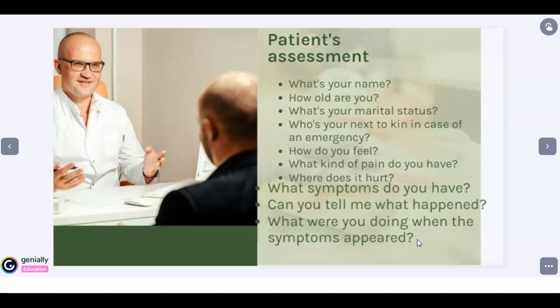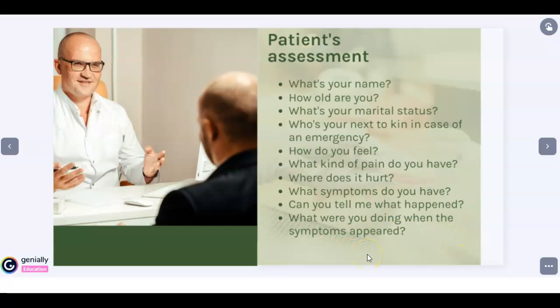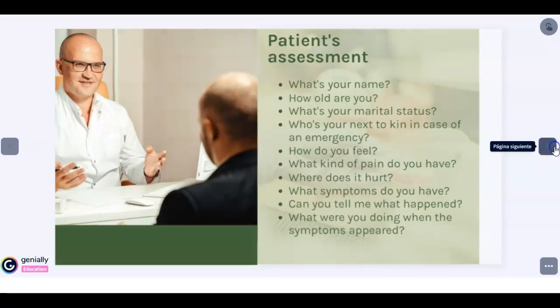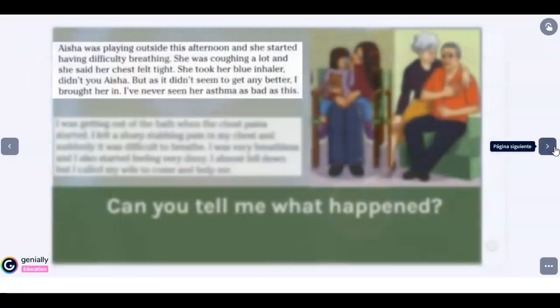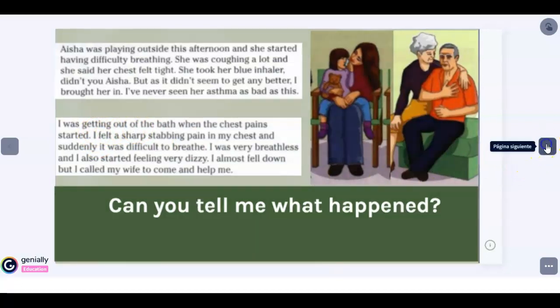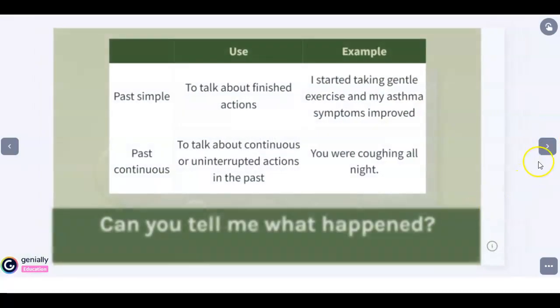If you remember in the previous video, we were checking this image of this soccer player having a cramp. So what were you doing when the symptoms appeared? I was playing soccer. Okay, can you tell me what happened? I have an example here. For example, I was getting out of the bath. That is what the person was doing. So you can ask both questions.